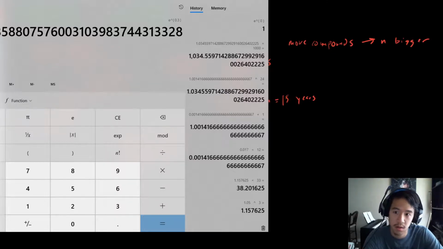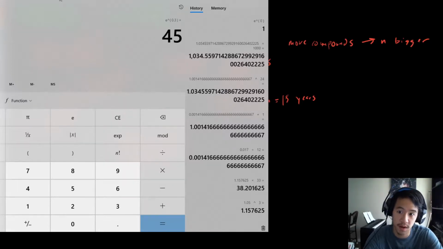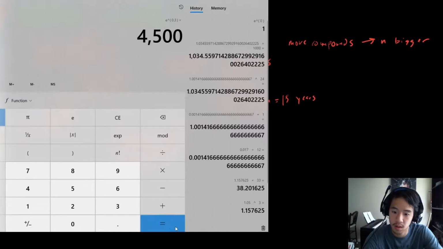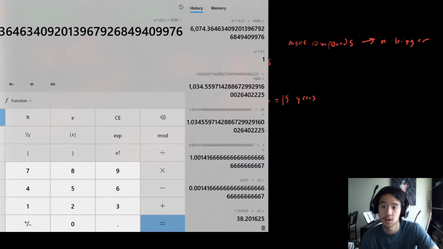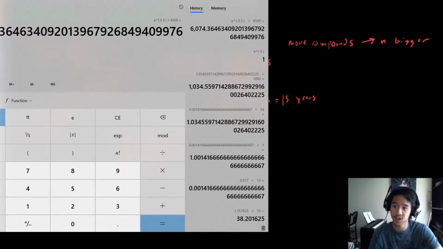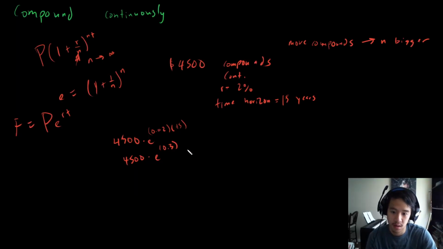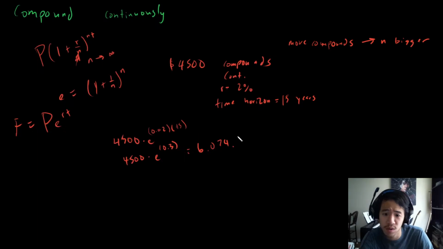Okay. So now we need to multiply this by our principal, 4,500. So we get $6,074. That's pretty good. $6,074. And don't forget the cents. So 36 cents.